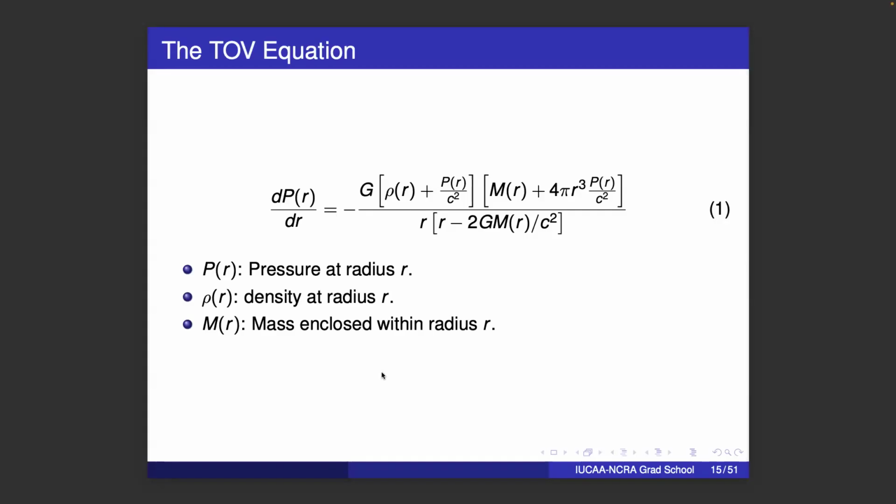Okay. Anybody remembers what those three things were? Magnetic field. We ignored the magnetic field. What else? General relativity. So we use Newtonian mechanics. One more thing we ignored.